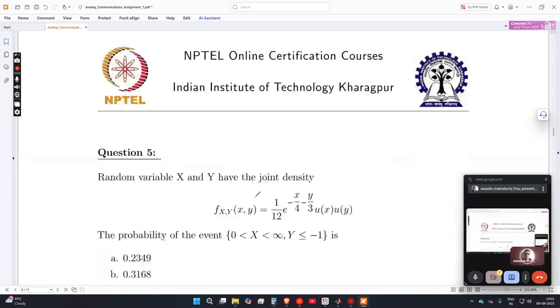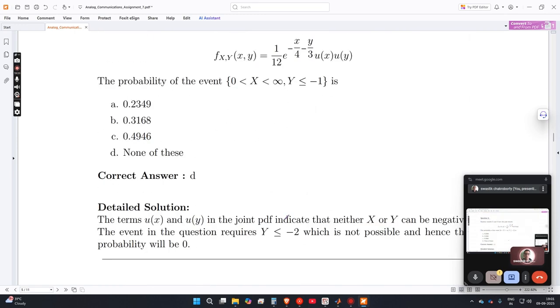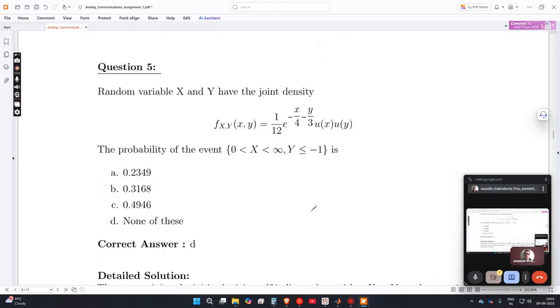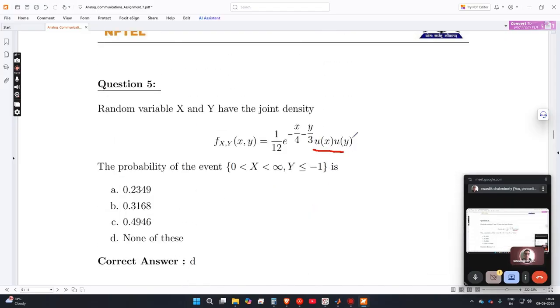Okay. For the next question, there are two random variables, and there is a joint probability density f(x,y), where u(x) and u(y) are the step functions.